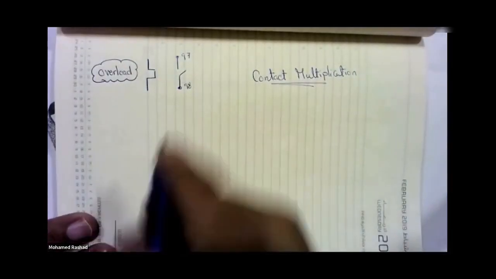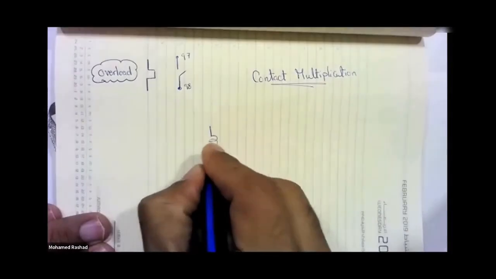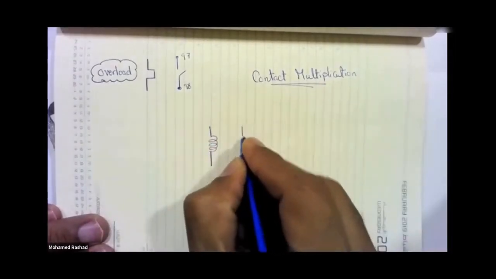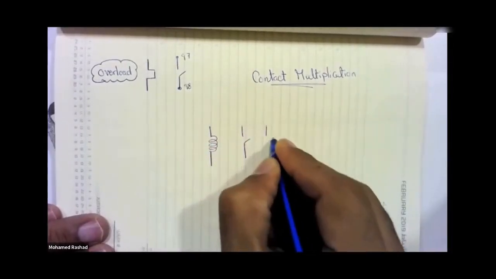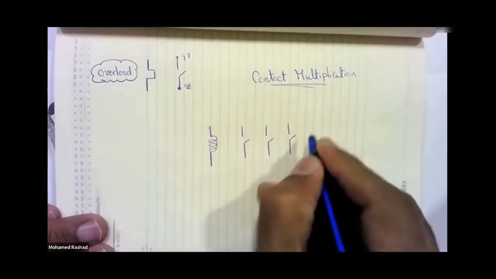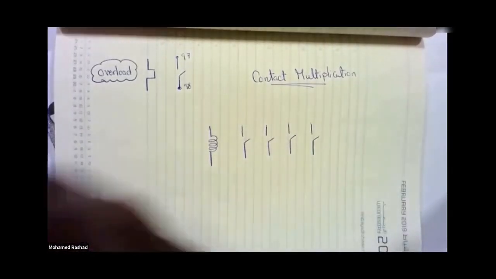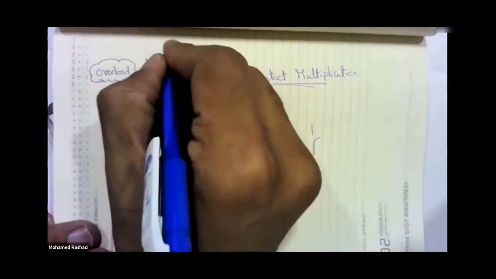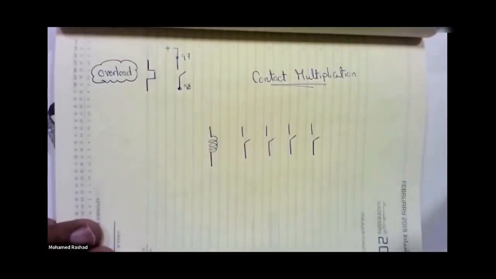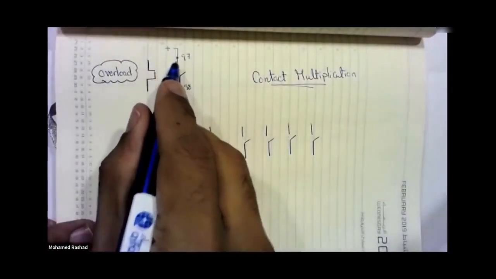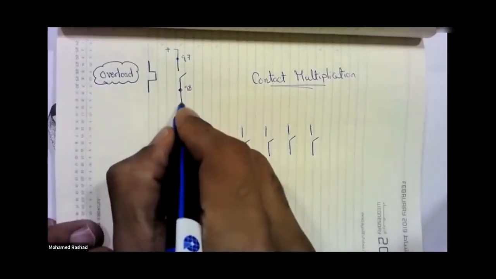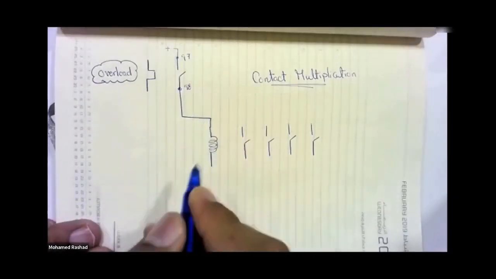So what do engineers do? I go and get an auxiliary relay with an order number, say, for example, 4 normally open contacts. So what happens is that I bring a positive supply and connect it to this contact, and take its other terminal and connect it here to the coil of the auxiliary relay.